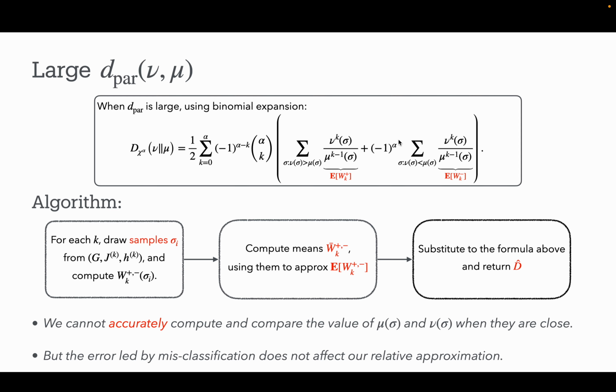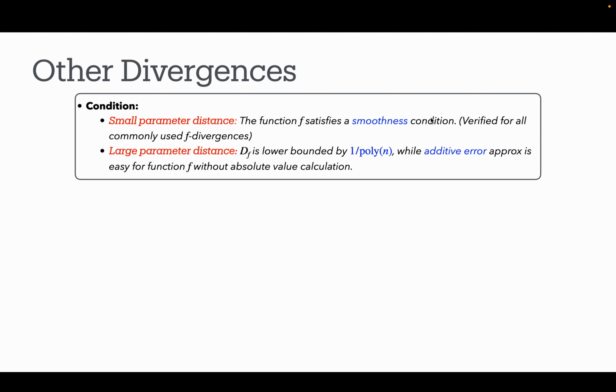We cannot accurately compute and compare the values of μ(σ) and ν(σ) when they are really close, but the error caused by this misclassification does not affect our relative approximation. And for other divergences, we need the following condition.